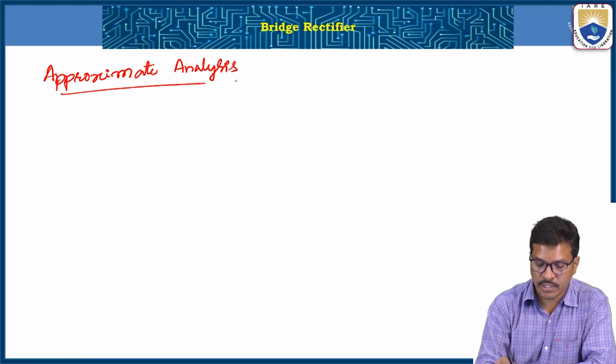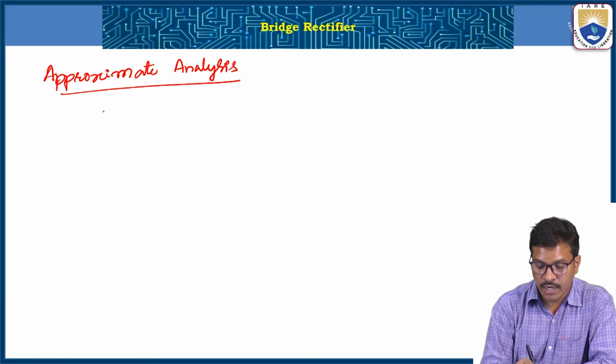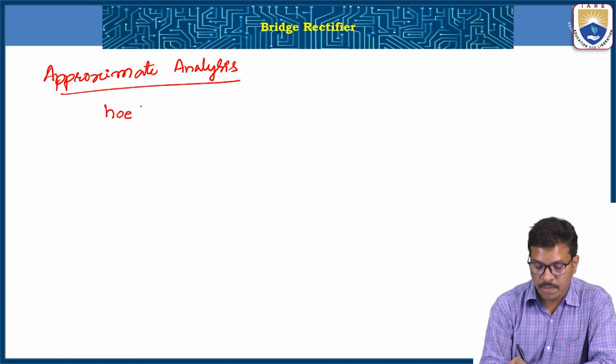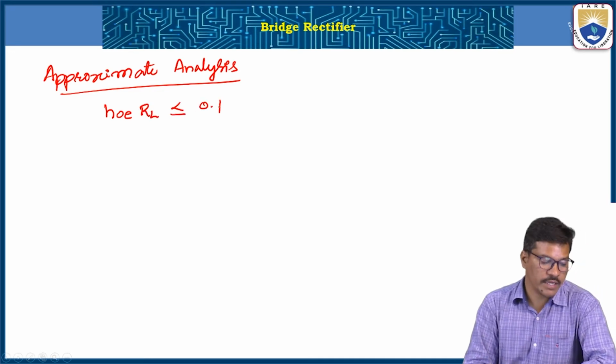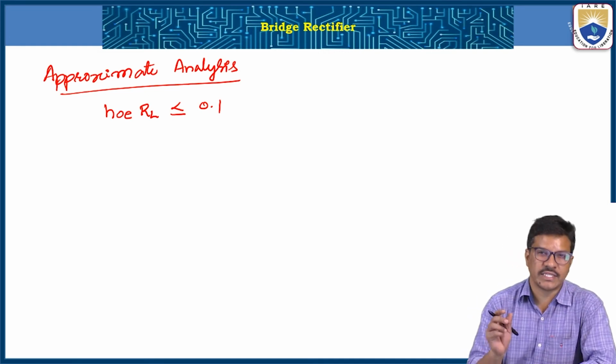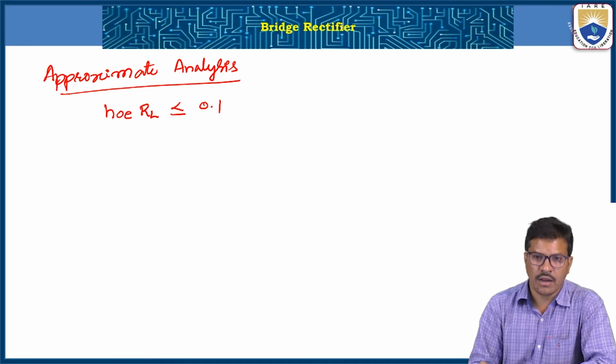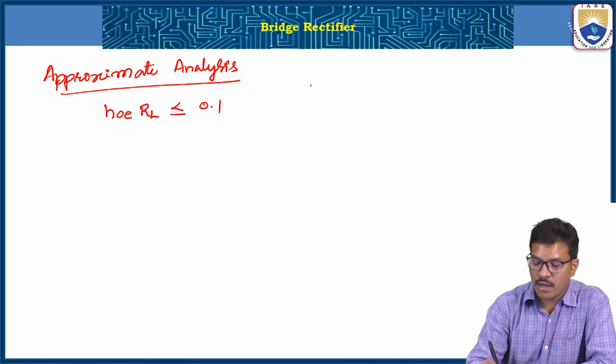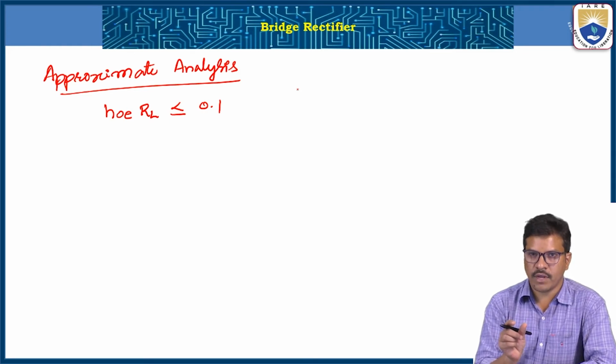In the approximate analysis, we can consider that HOE into RL is approximately equal to 0.1, because the HOE value is 25 into 10 to the power of minus 6. It is very small. So in the current gain formula, there is a denominator term HOE into RL.